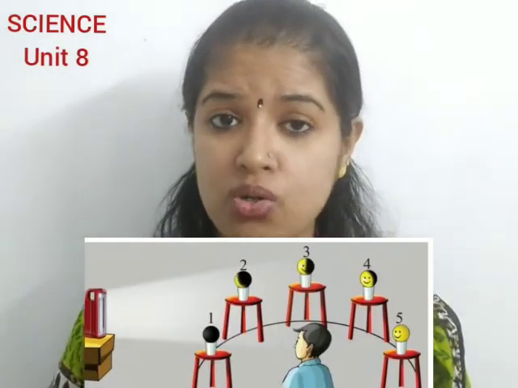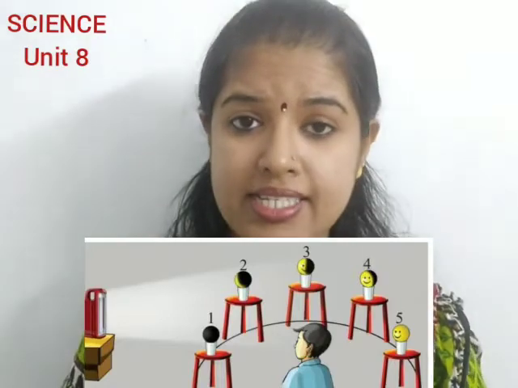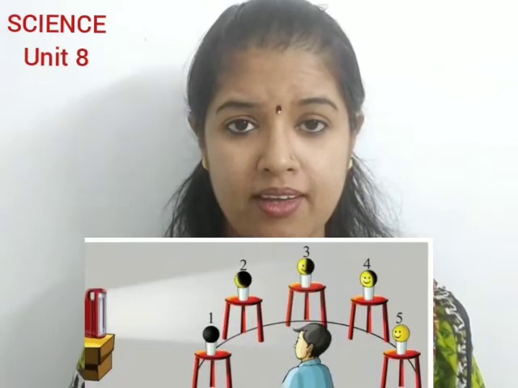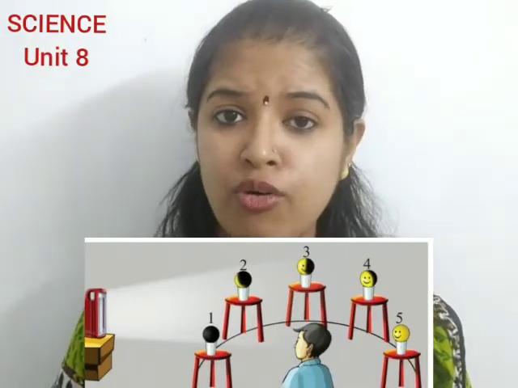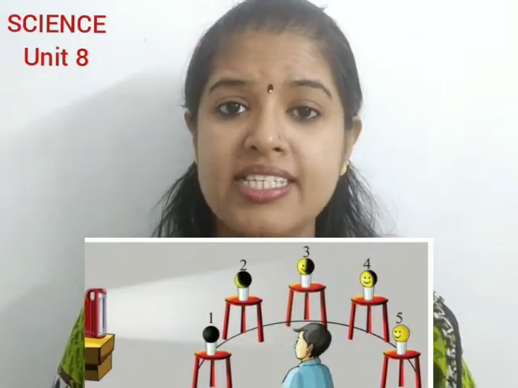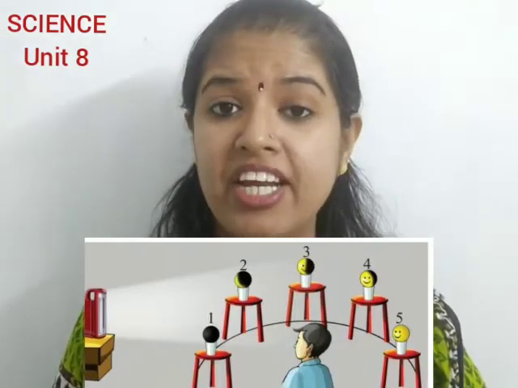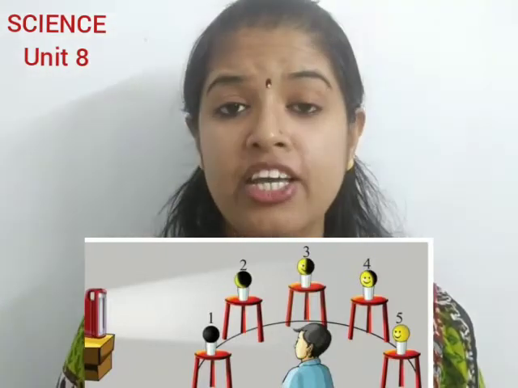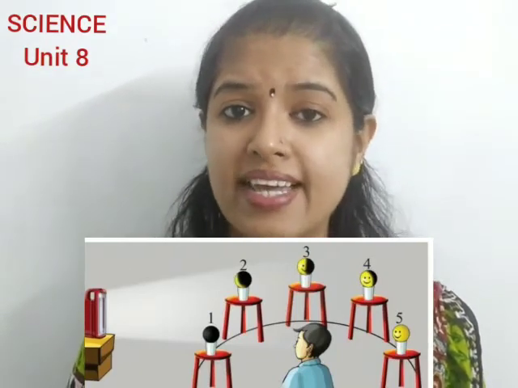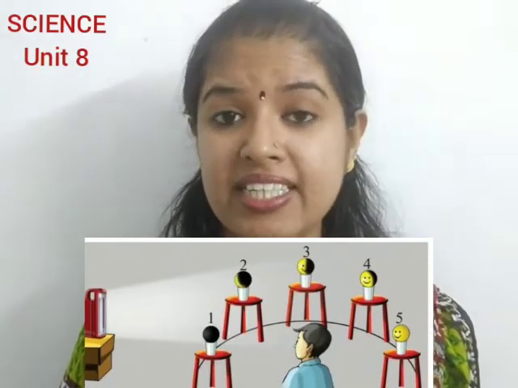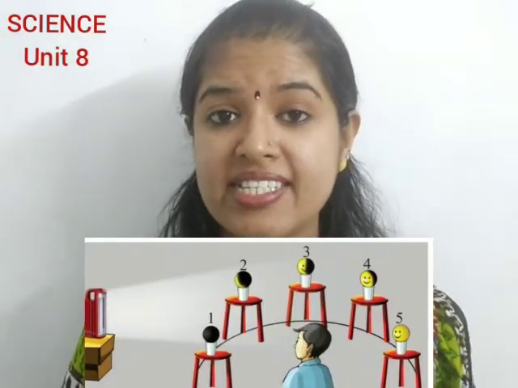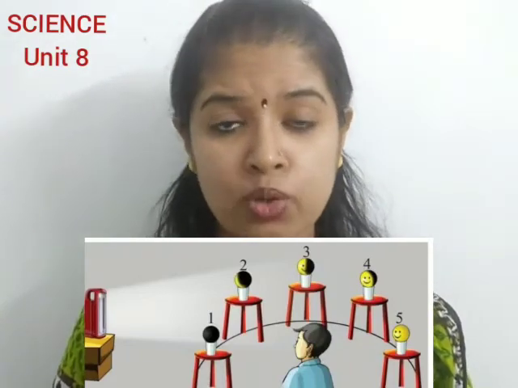And as it goes, the second ball is getting a small crescent. And in the third and fourth, you can see that half the portion is lighted. And when it comes to the fifth position, you can see the whole area of the ball is lighted. So that we can consider as the full moon day. So on the full moon day, we can see the whole of the moon.